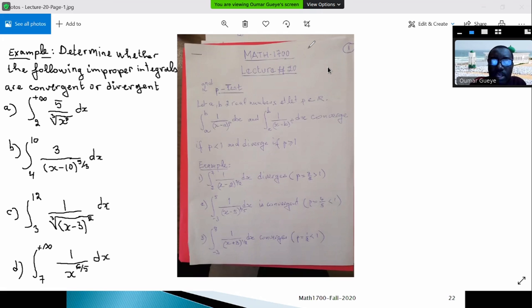Okay, are you done? What do you think about the first integral? So here it's x squared. Divergent. It's divergent because p equals 2/3, based on the first p-test.